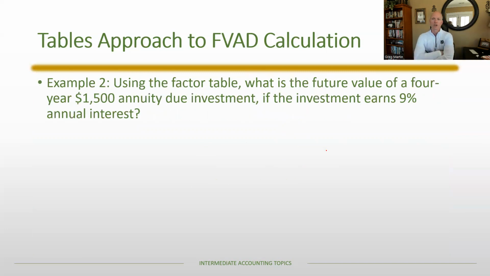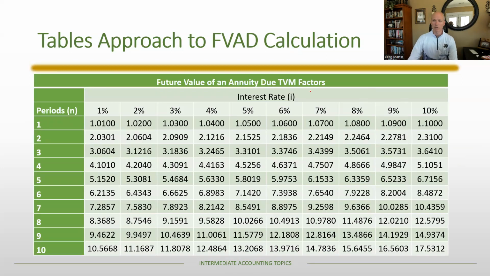All right, so here's one to do on your own. Go ahead and pause it. See if you can do this on your own. Pause it actually probably on the next sheet, because then you're actually going to see the table. So using the factor table, what is the future value of a 4-year $1,500 annuity due investment if it earns 9% annual interest? And again, each of these factor tables is different.